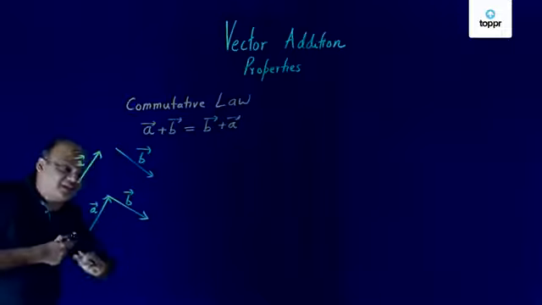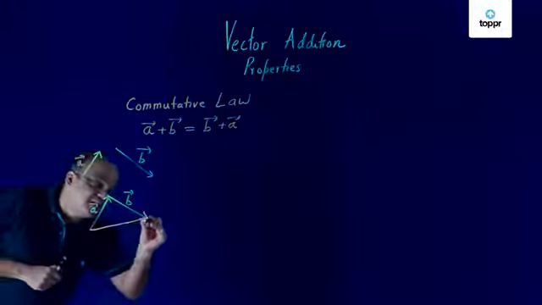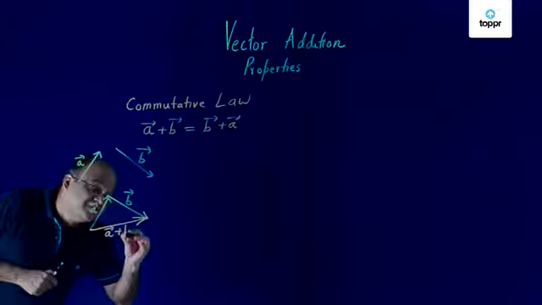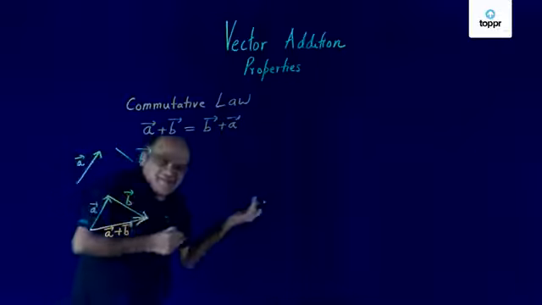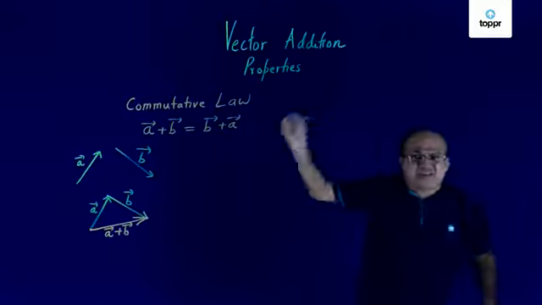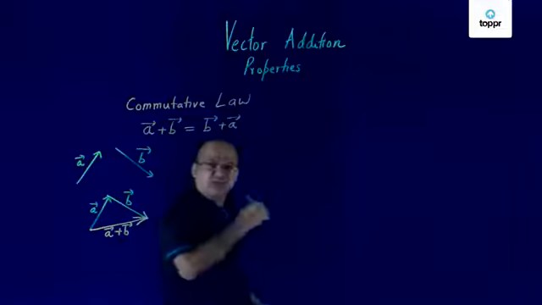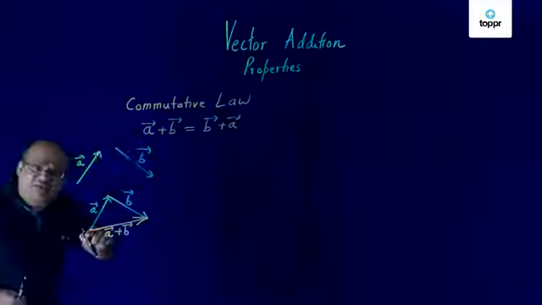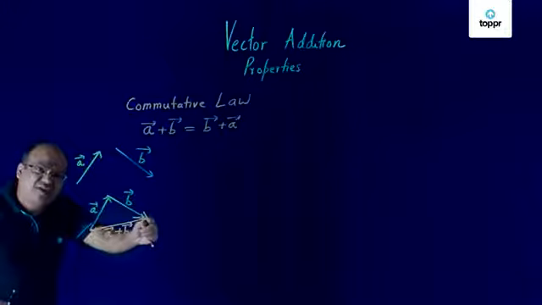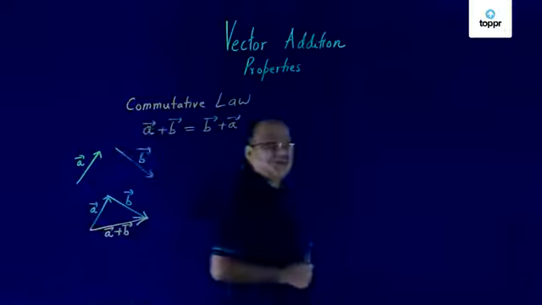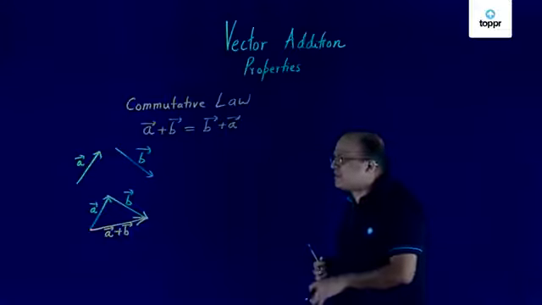And this vector from tail of A to head of B will be A vector plus B vector. Simple. Shift tail of second vector to head of first vector. Join tail of first vector to head of shifted second vector and put an arrow and you'll get vector sum. Right? This is A vector plus B vector.